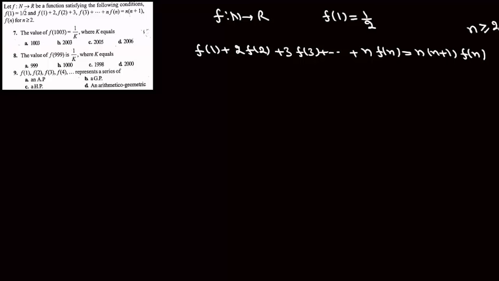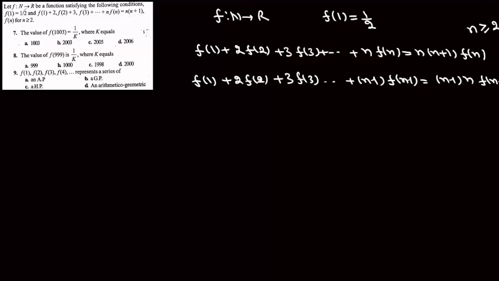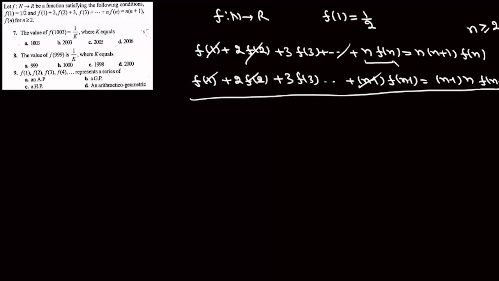Now, clearly, we can find f(n) just by replacing n with n minus 1. So, we'll take n the series. So, it will be this f(1) plus 2f(2) plus 3f(3) up to n f(n), and it will be this (n plus 1) f(n). And here will be this n minus 1, f(n-1). And if we subtract the second from first, all these terms will cancel. So here on the left hand side, we'll just have n f(n).